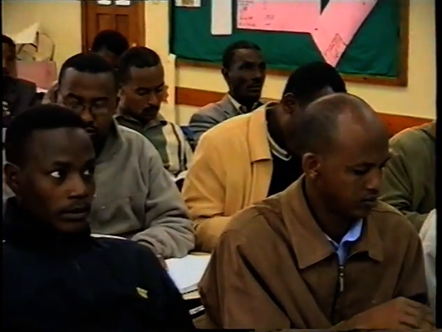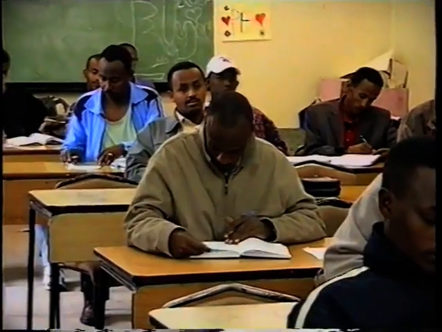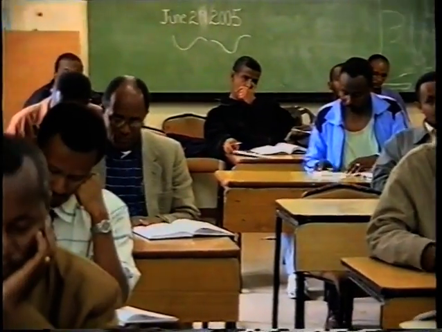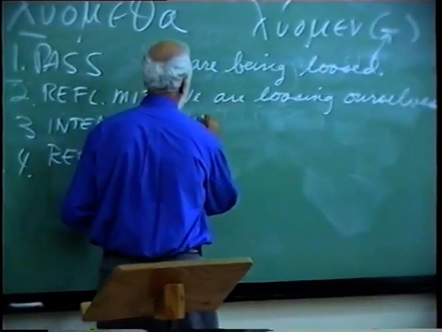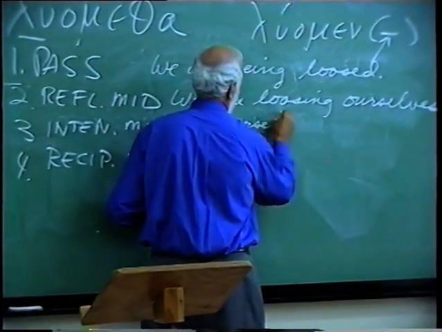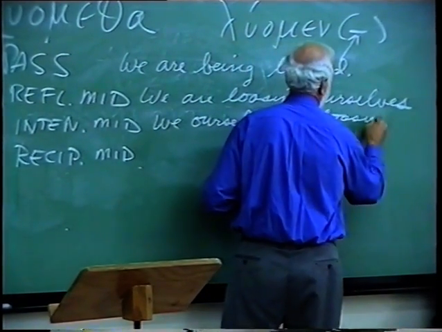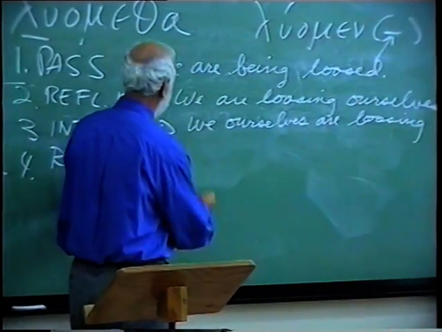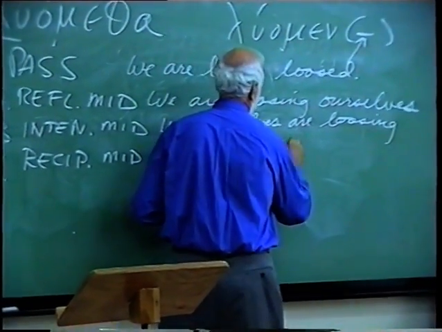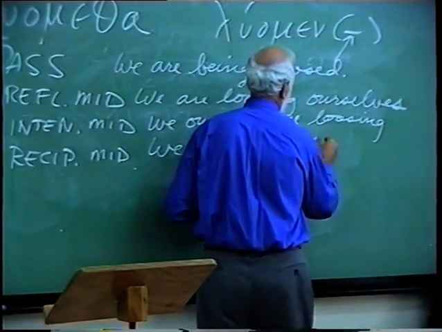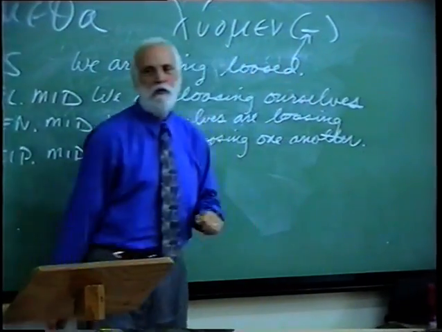As the reflexive middle, we are loosing what? Ourselves. As the intensive middle, we ourselves are loosing. And finally, as the reciprocal middle, we are loosing one another. Okay? Jot these down.